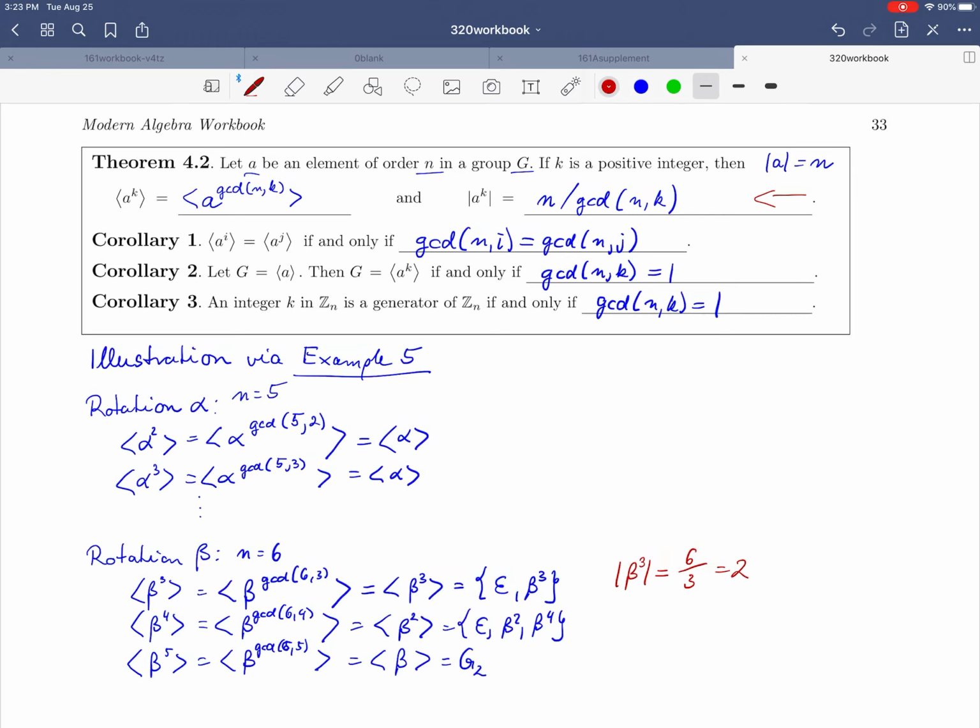And indeed, we found that beta cubed squared is the identity. For beta to the fourth, the order is 6 divided by the GCD, which is 2, so the order of beta to the fourth is 3. And the order of beta to the fifth is 6 divided by the GCD of 6 with 5, which is 1. So beta to the fifth has order 6.